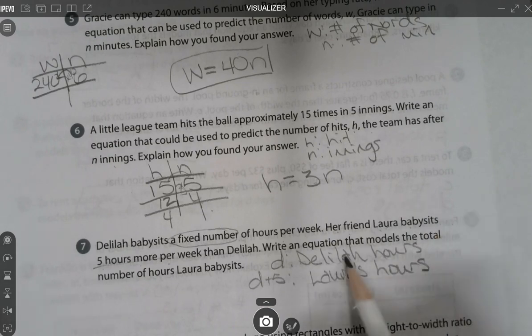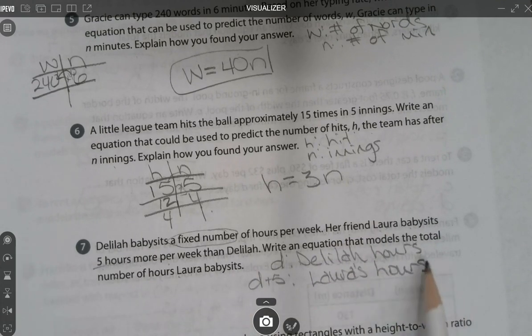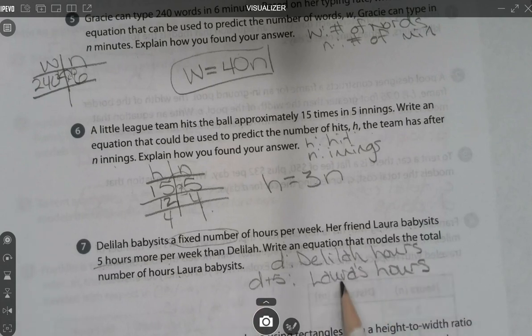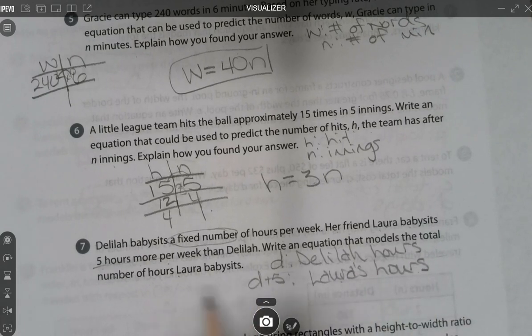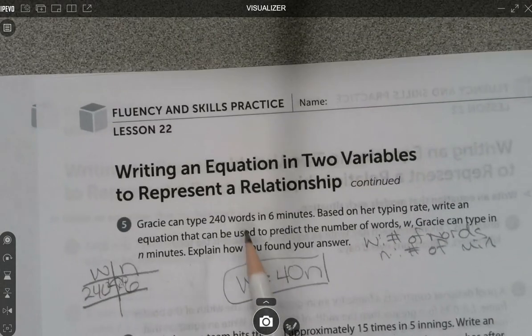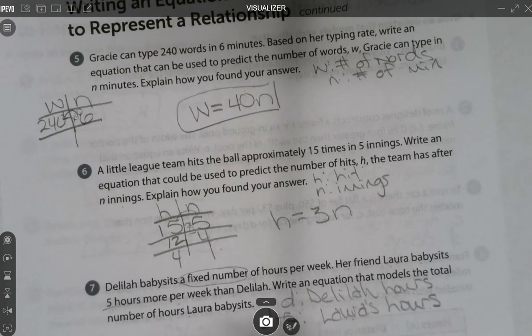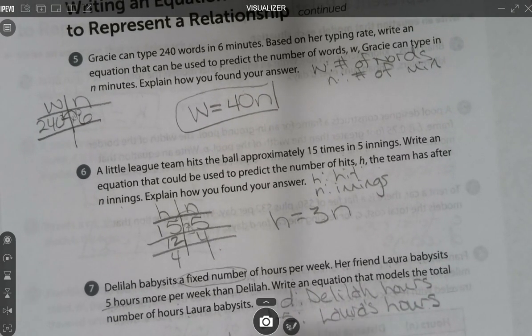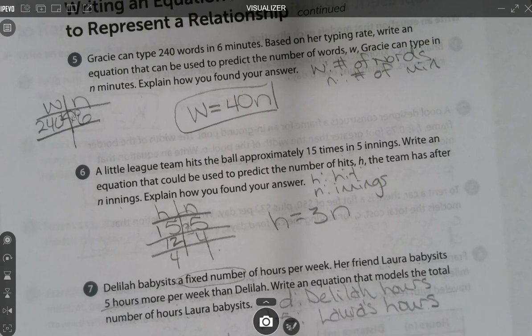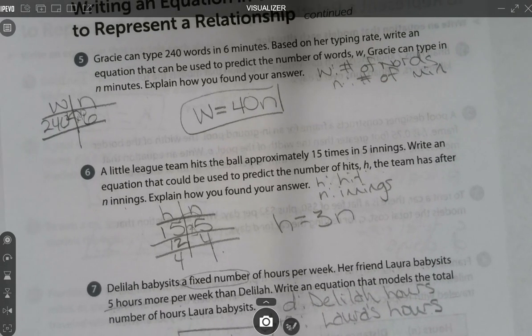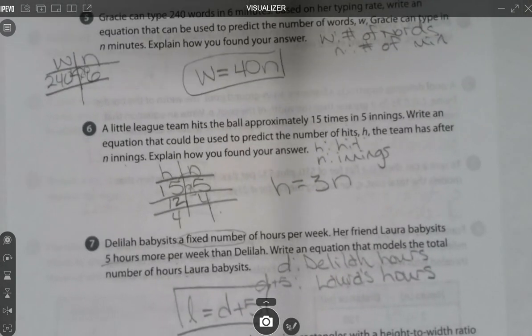Write an equation that models the total number of hours Laura babysits. Oh, and we just did it actually. Laura's hours, isn't it D plus 5? But since we're writing 2 equations, let's just write L for Laura equals Delilah's hours plus the 5. And you could have used any variable you wanted. See that?